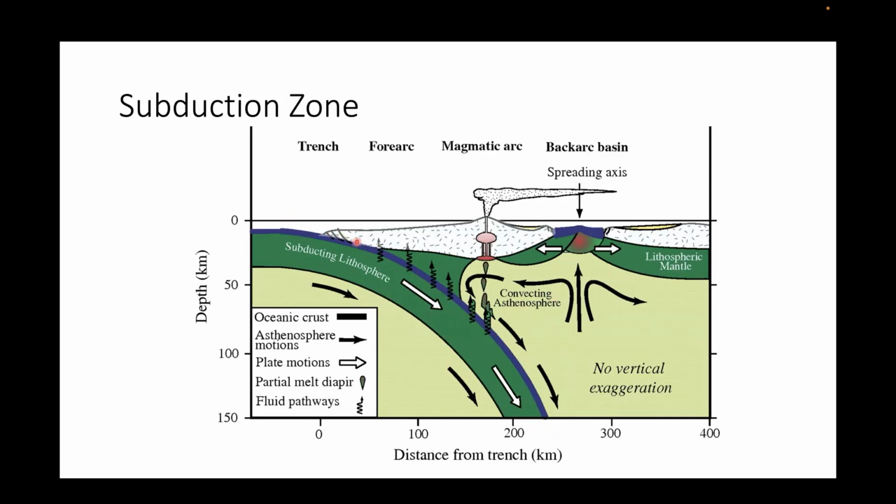So this is the most important recycling of carbon and water into the mantle. Then some part of this carbon and water might go back to the surface with arc volcanism.